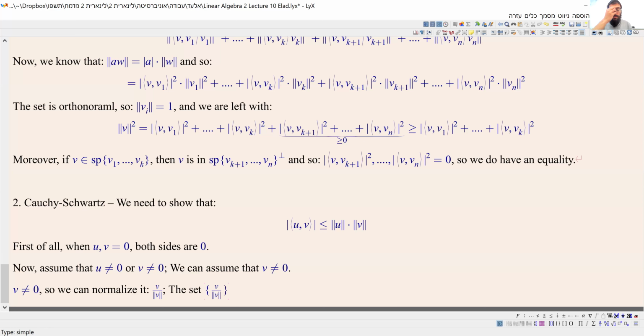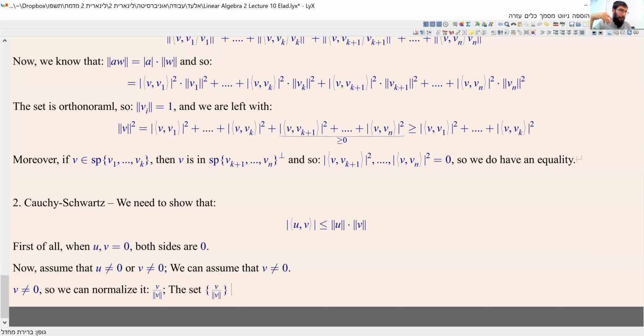It's a bit boring, but by definition, it is an orthonormal set. It's only one vector, so it doesn't have to be orthogonal to anything, and it is of norm 1 because it is normalized. The set is orthonormal.